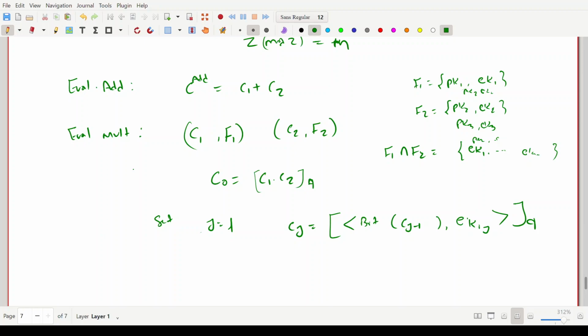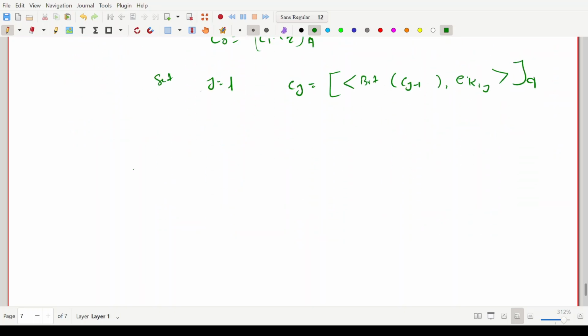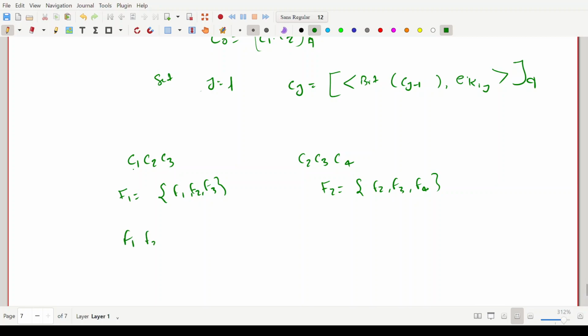Correct? Suppose I was having, for example, there are two ciphertexts. Say one I am having C1, C2, C3, and here I am having C2, C3, C4. So this can be decrypted. Here the key is F1, F2, F3. In here it will be F2, F3, F4. So to decrypt this, earlier what I have to do, I just have to use F1, F2 square, F3 square, and then F4.